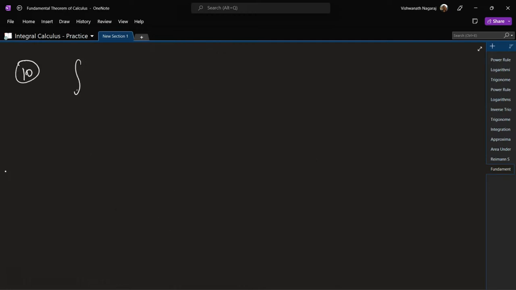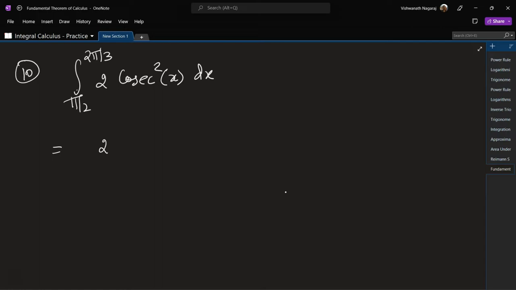And next, integral from pi by 2 to 2 pi by 3 of 2 cosec square x dx. Again, we can take 2 out. Now remember, cosec square, its integral is tan. No, cot. No, minus cot.